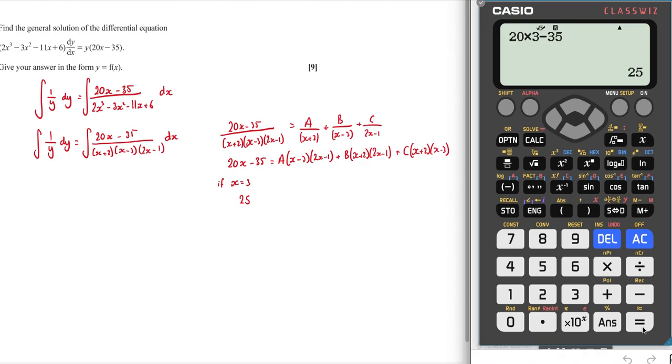If I want x is equal to 3, well, that means that the (x minus 3) bracket in the first one and the (x minus 3) bracket in the last one disappear. So I'm just going to get brackets that are going to be 3 plus 2, 2 times 3, take 1. That's going to give me 25b. That's nice.